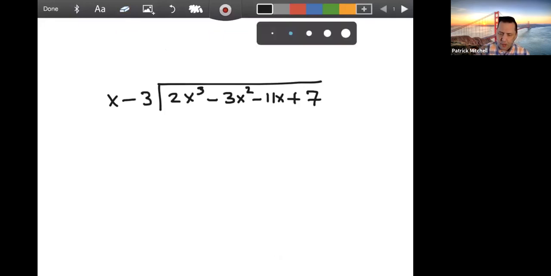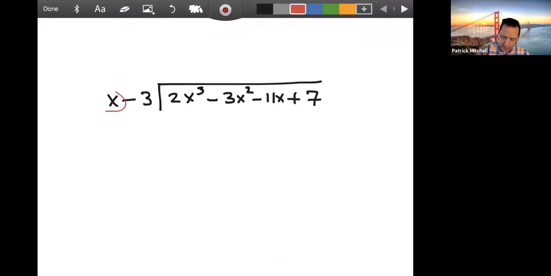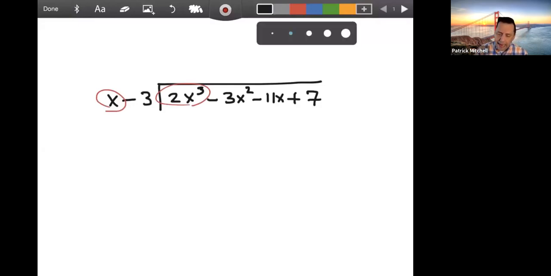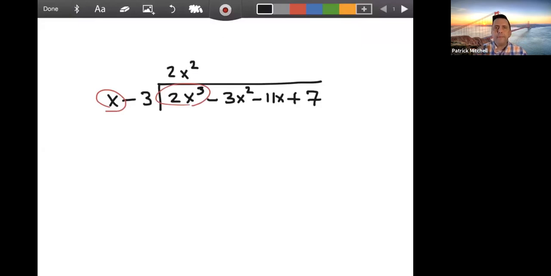Okay. All right, so we've got the terms of the dividend written in descending order. So what I am going to do first is divide x into 2x cubed. All right, so 2x cubed divided by x is 2x squared, right?